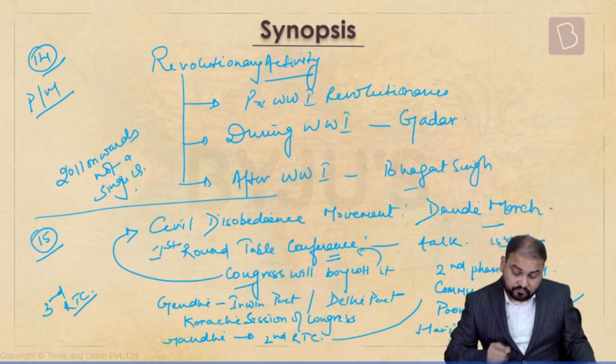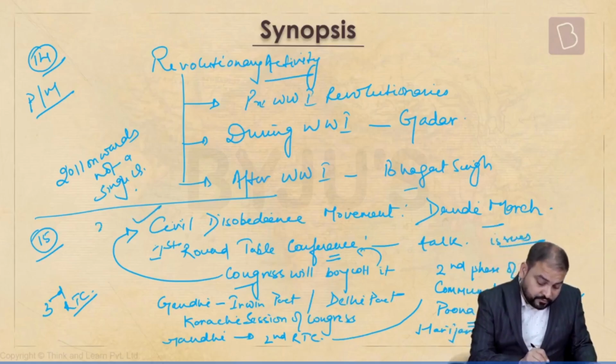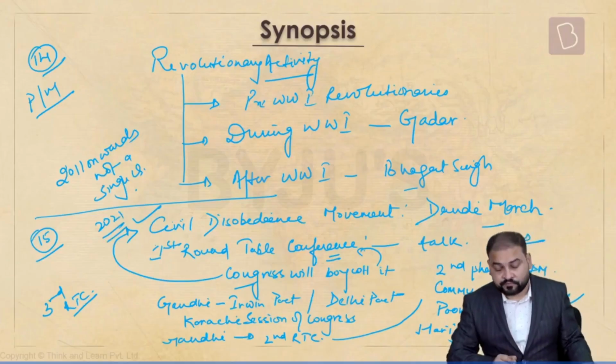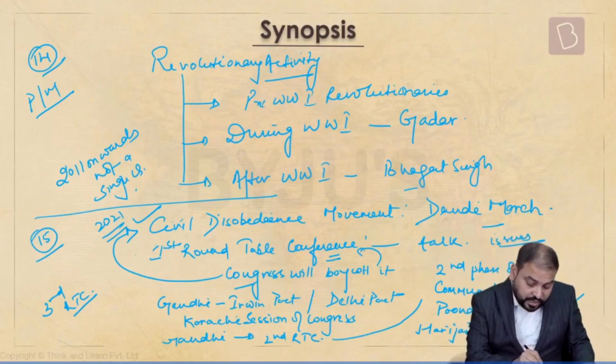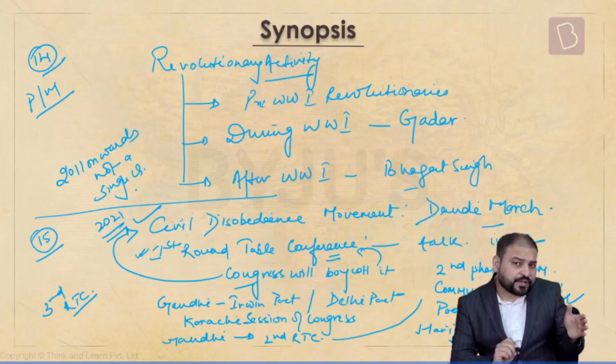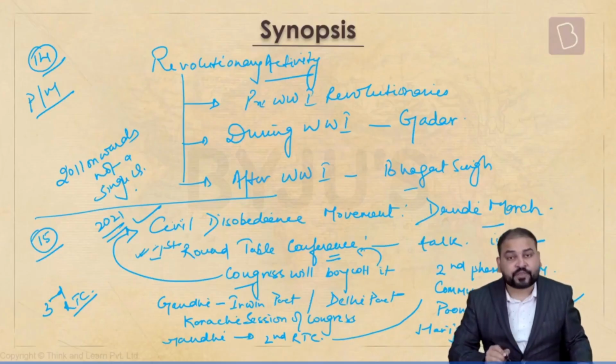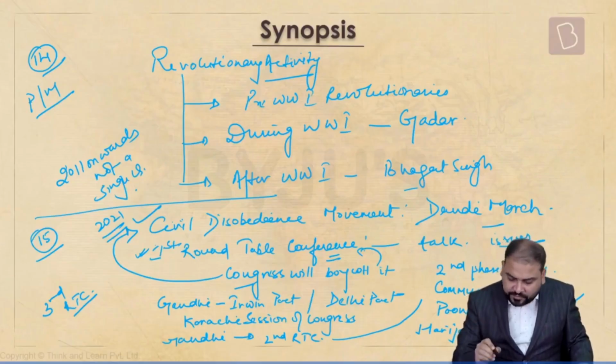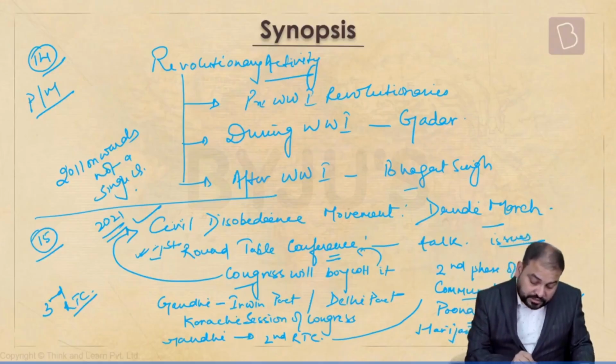Now, if you look at this, questions on CDM in mains 2021, similarly questions on RTCs have come. Questions like arrange these in chronological order have been asked. Similarly, questions have come on the Communal Award. Karachi session, there has been a prelims question earlier also.